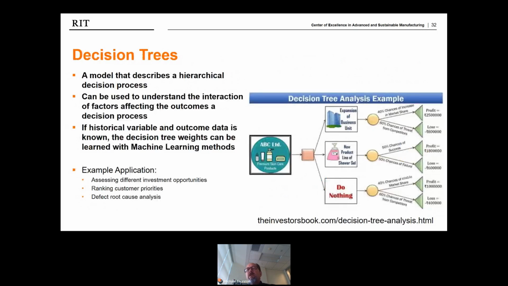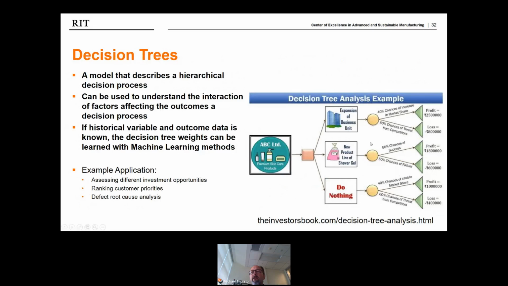Decision trees can be used to model the potential outcomes of a multi-level decision process. They represent expert knowledge on the interaction of factors affecting the outcomes of a decision process. In the simple example shown here, ABC company is looking at the trade-offs between different business options, expanding an existing business line, adding a new product line, or doing nothing.